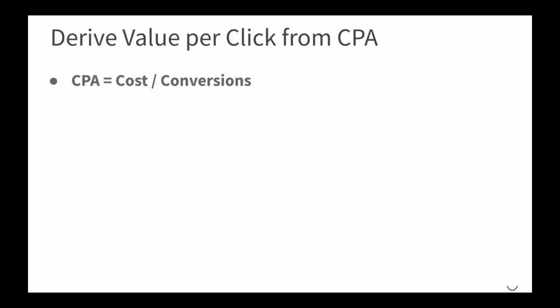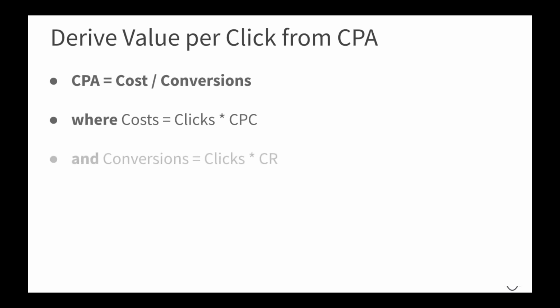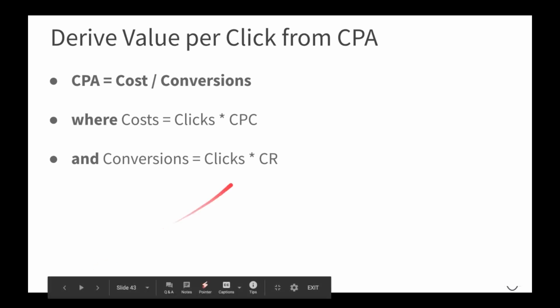So our target CPA will be $100, and you know that CPA can be measured as cost divided by conversions. Obviously, cost can also be seen as the number of clicks that we're getting multiplied by the cost per click for each one. And the conversions can be seen as the number of clicks that we're getting multiplied by the conversion rate.